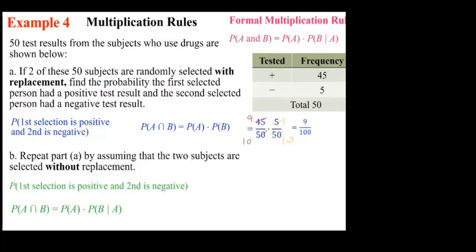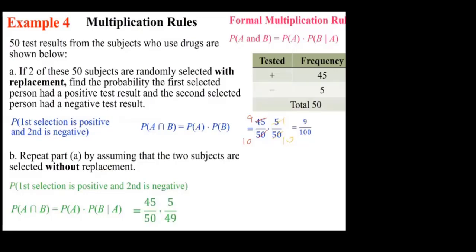The probability of A remains as 45 over 50. That doesn't change. If we choose a person that is selected positive, it's 45 out of 50. That means all the negative ones are intact. All 5 are intact. However, the total, which was 50, goes down to 49.